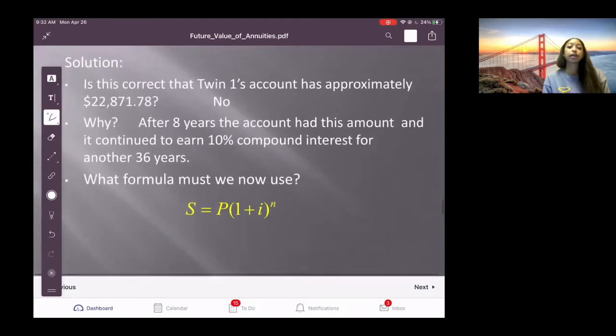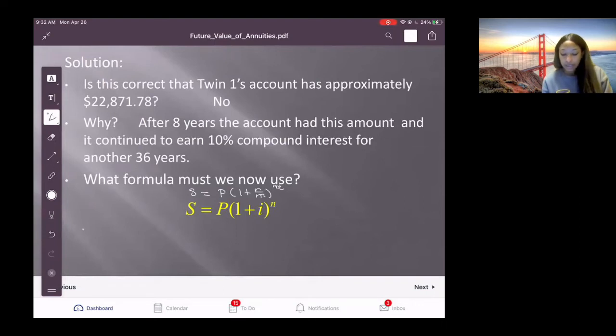Our regular compound interest formula. Before we had an A here, A or S, same thing. S equals P times 1 plus i to the n. This is the same as P times 1 plus r over m to the mt. Our compound interest formula that we've been using previously. That's what we're going to use now.